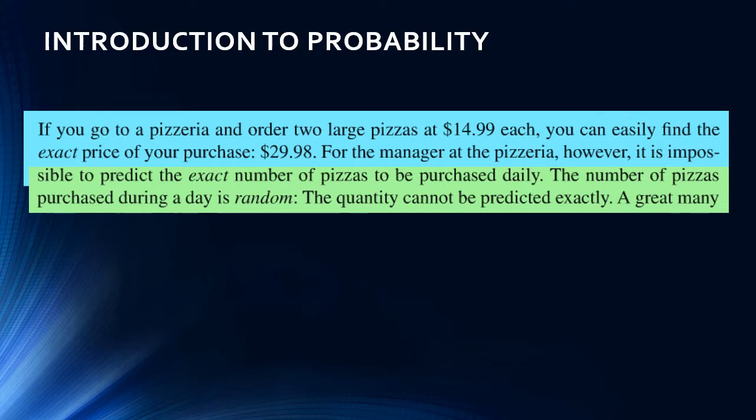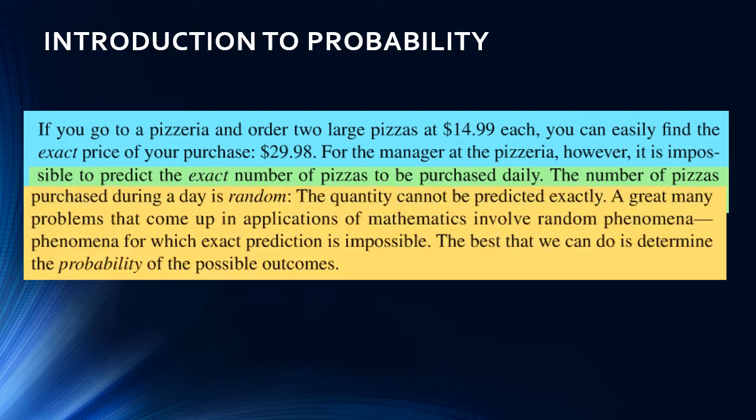The quantity cannot be predicted exactly because you may not sell the same amount of pizzas today as you sold yesterday. A great many problems that come up in applications of mathematics involve random phenomena for which exact prediction is impossible. The best we can do is determine the probability of the possible outcomes.